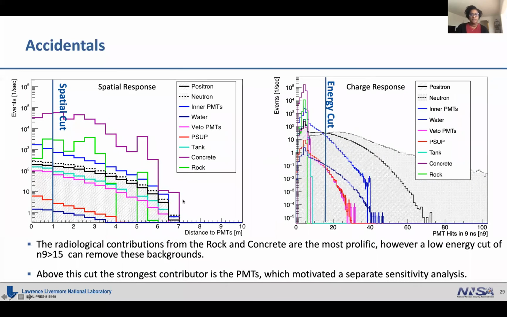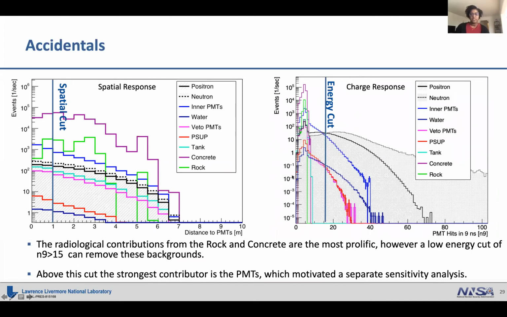And so if we look at the accidental distribution, we can see that in this case, we tend to make a cut on the distance from the PMTs. So we only include events that occur within a meter from our detector, just to remove a lot of the backgrounds from the concrete and the rock, et cetera, as well as the PMTs.